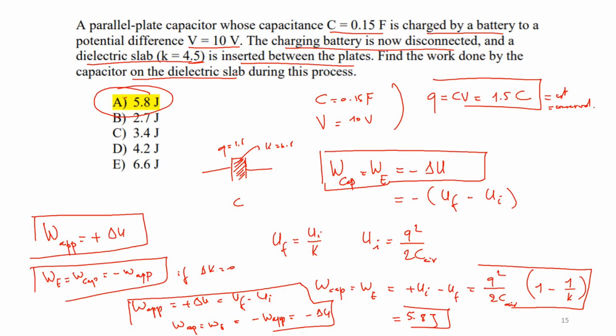So you will have to hold it back, kind of. That's why your work applied is negative, but the work done by the capacitor is positive. Meaning if I want to insert a dielectric in a charged capacitor, the capacitor will attract the dielectric slab such that the work of the capacitor is positive.